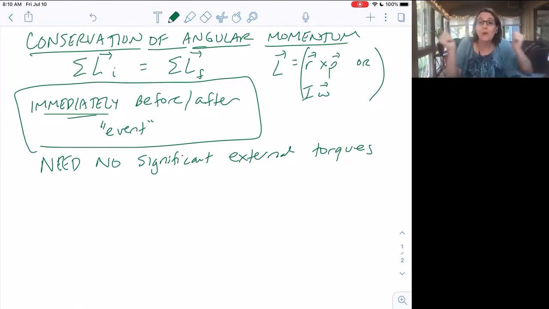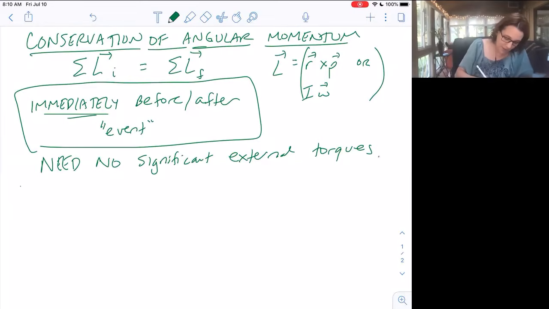So she's able to lower her moment of inertia, right? So that's the event, lowering the moment of inertia by bringing the mass close to the body. And by lowering the moment of inertia, then if angular momentum is constant, because there are no external torques and everything's internal to the system, then what's going to happen, because L equals I omega, if I goes down, omega will go up, and the ice skater spins much more quickly. So that's an example of an event.